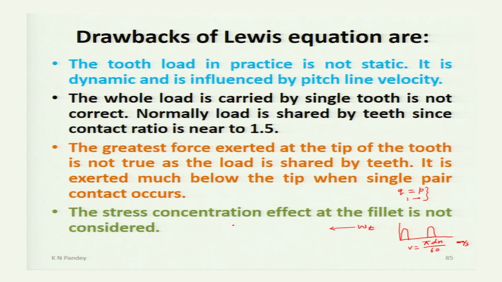We have seen that at the time of engagement at point small a, there will be load sharing. So, when the load is acting at the tip, at that time there is load sharing. So, the complete load is not acting at the tip. Now, travelling from A to B, A is the start point of contact and B is the end of contact, meaning the disengagement point.